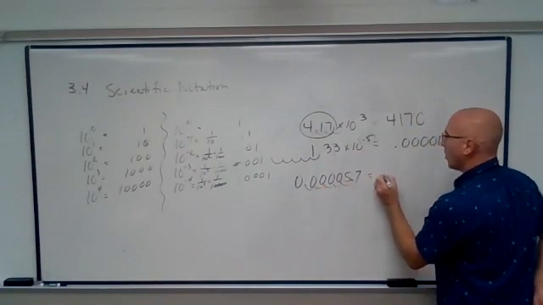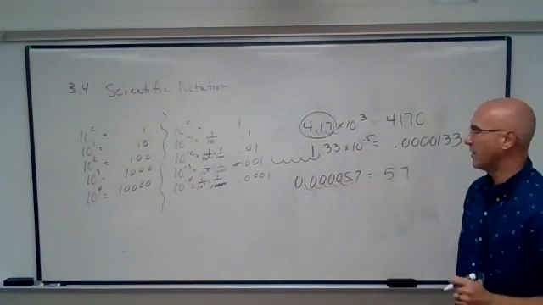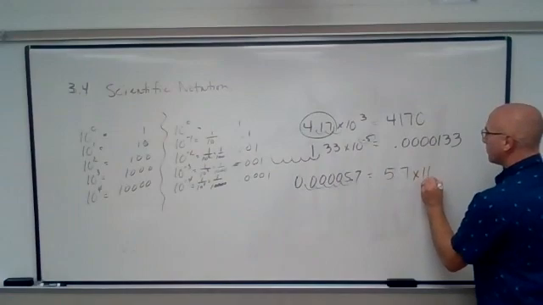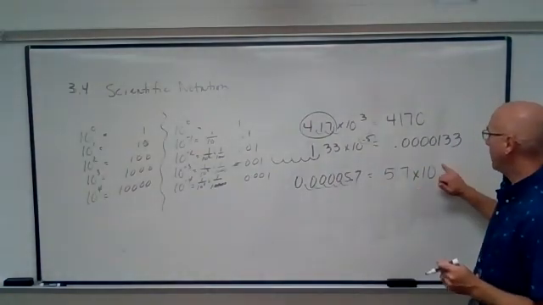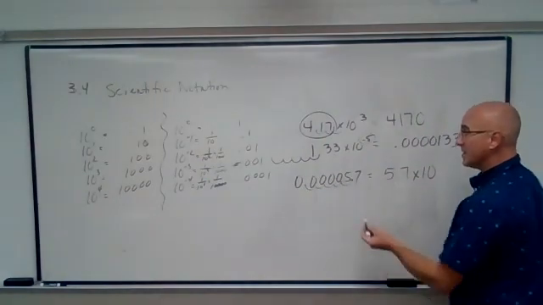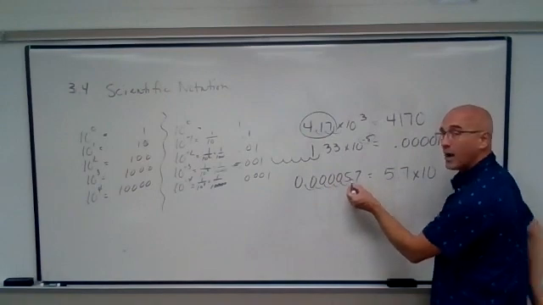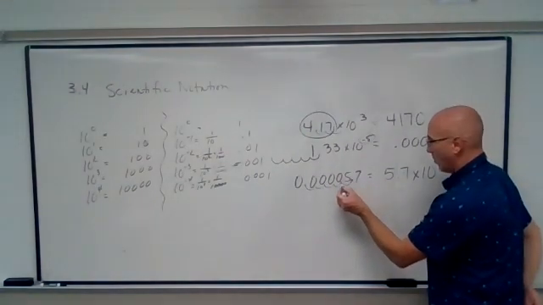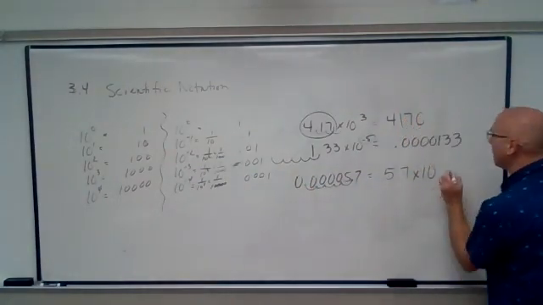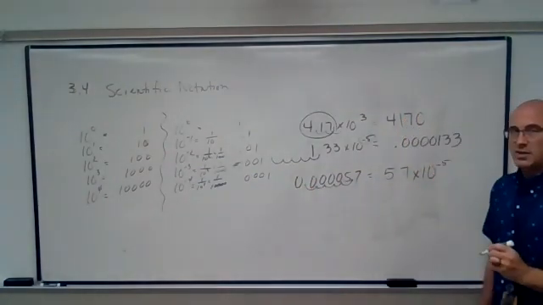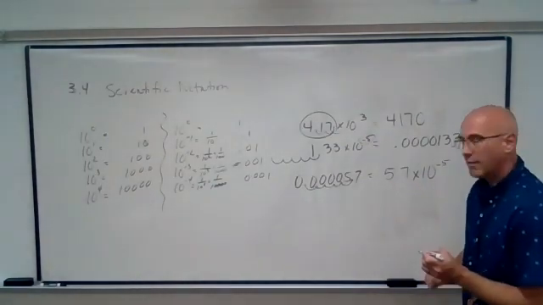Okay. So our number between 1 and 10 is 5.7. Now we have to multiply it by a base 10 with a power. So what we do is we start at our new decimal place and we count to our old one. 1, 2, 3, 4, 5. We are moving 5 to the left. So this becomes a negative 5. 5.7 times 10 to the negative 5.